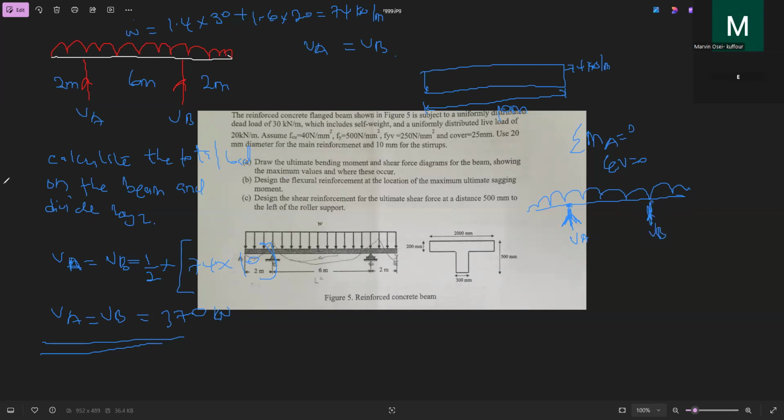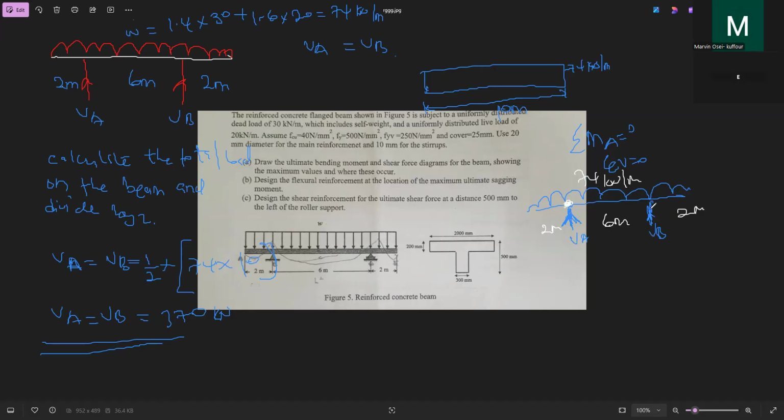Here is 74. We are taking the moment about this point. Here is 6 meters, here is 2 meters, and here is also 2 meters. You have to know which ones are causing anti-clockwise moment and which ones are causing clockwise moment.